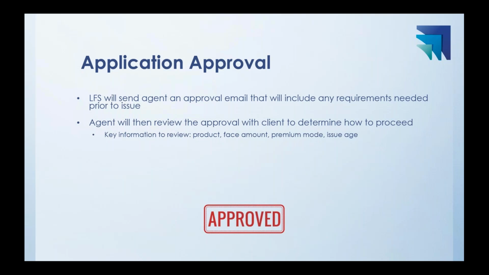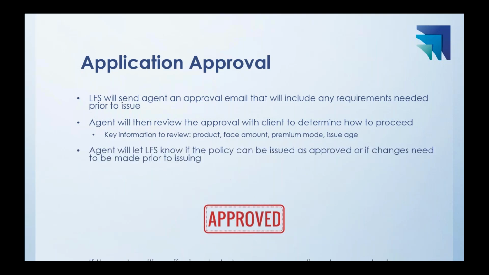Because if you get that underwriting decision from us and just say, yeah, go ahead and approve it, and then you go to deliver it to your client and the premiums don't match up or the underwriting class came in different, then you may ultimately end up reaching out to us and asking us to reissue the policy. That's just going to add more time to this whole process, because then we have to reach back out to the carrier, have them reissue the policy, and send it out. So again, talking to your client directly with the approval is the best way to go.